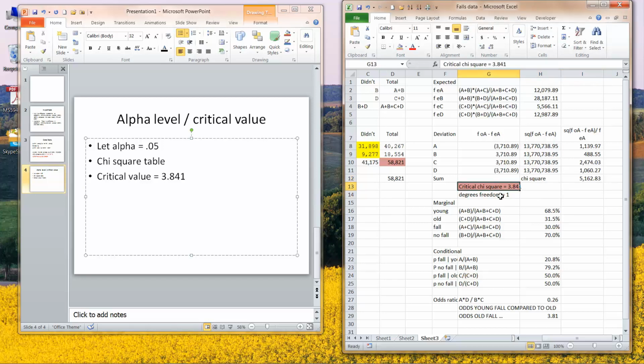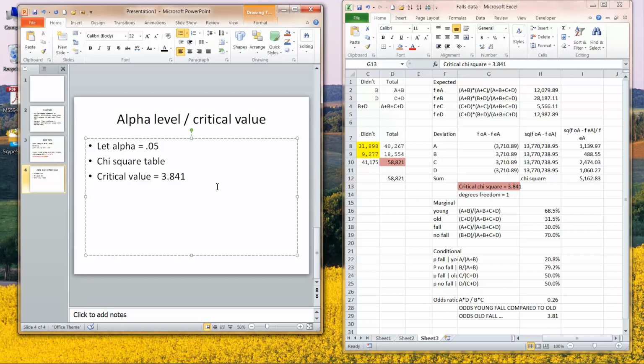And that's far and away above the critical chi-square, so we reject our null hypothesis that there is no difference in age groups in terms of odds of falling.